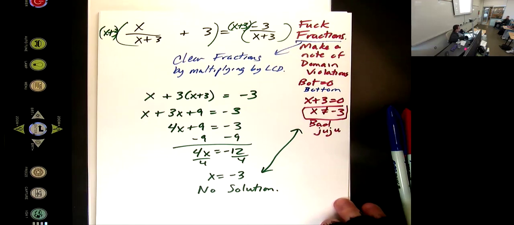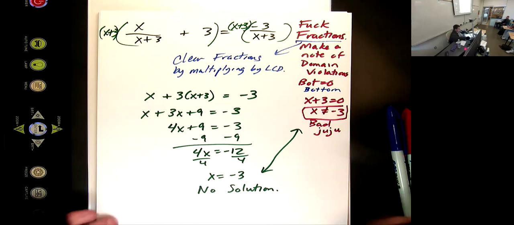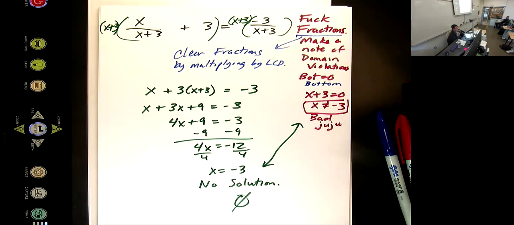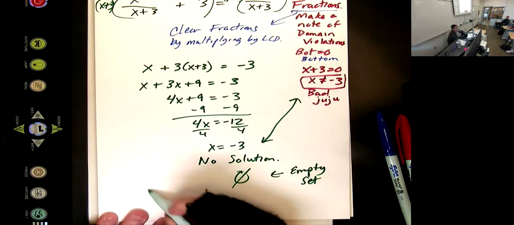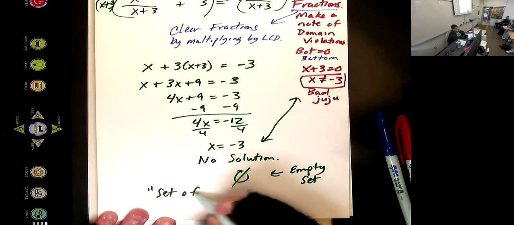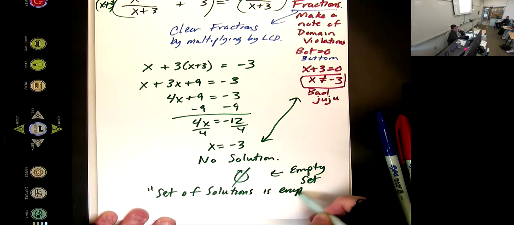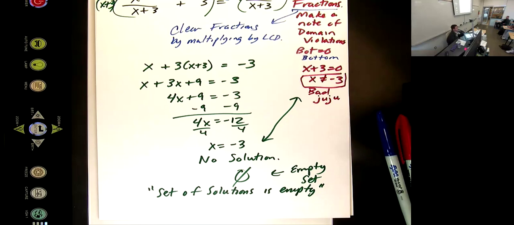A 0 with a line through it signifies no solution. That's valid. I like that. Yes. This usually means empty set. So the set of solutions is empty. That's some math jargon. Would that be okay to put? Yes. So you could just put x equals 0 for line 3.